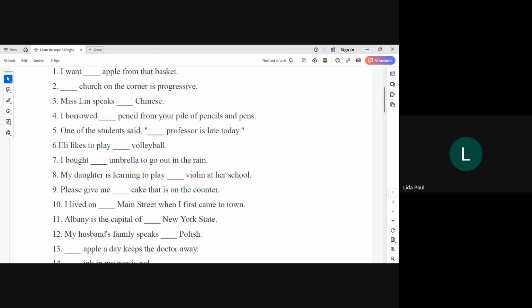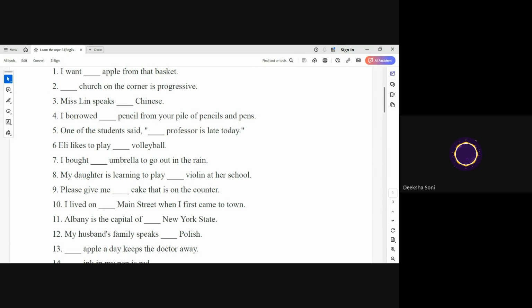Fine. Now, 11th one is Albany is the capital of dash New York State. Look at it this way. If I say Bhopal is the capital of dash Madhya Pradesh, then should I use an article there?